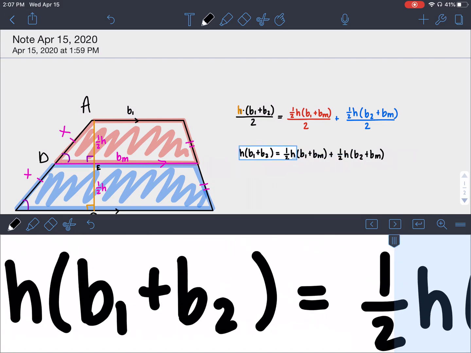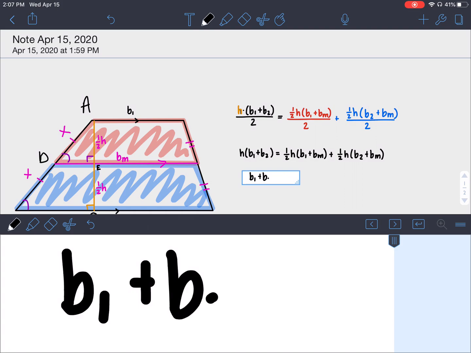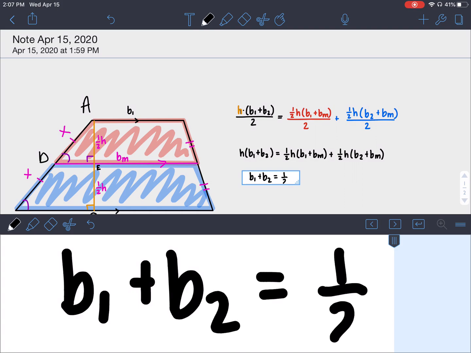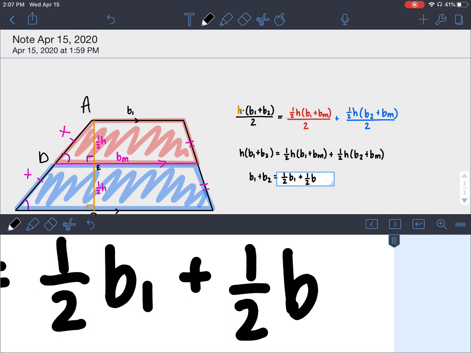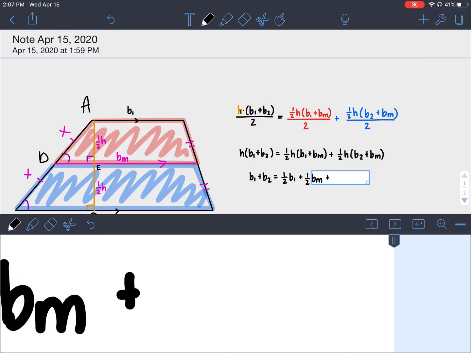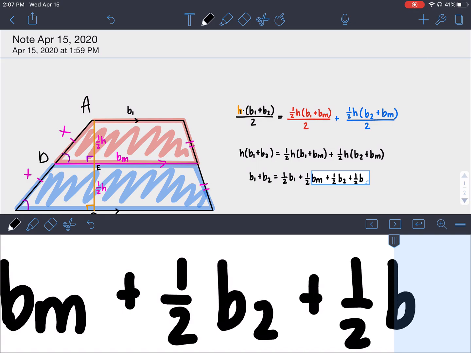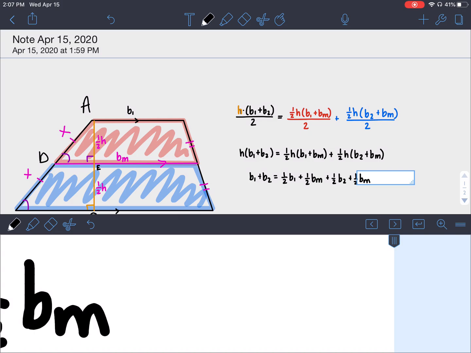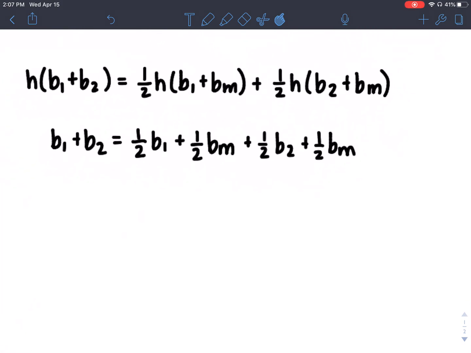I also see that every single one has that h, so I'm going to divide both sides by h. And while I'm there, I'm also going to distribute the 1/2. Okay. So I really just added those together. I know that they have to be the same. It's just splitting a trapezoid into 2 different trapezoids.